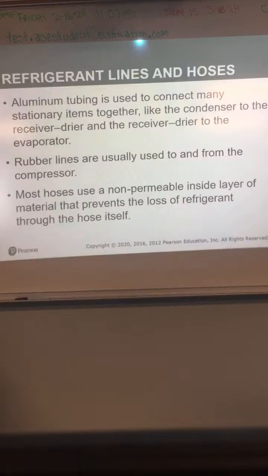in a good system with no problems, you should never have to recharge your air conditioner. Okay? Refrigerant doesn't deplete itself, it doesn't leak out under normal conditions, it doesn't use itself up, okay?